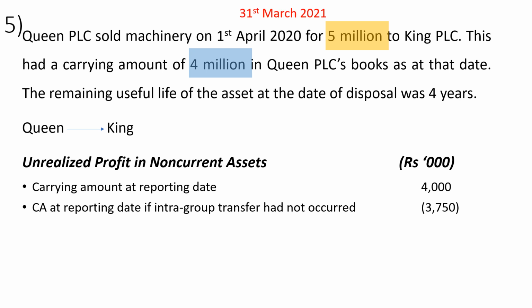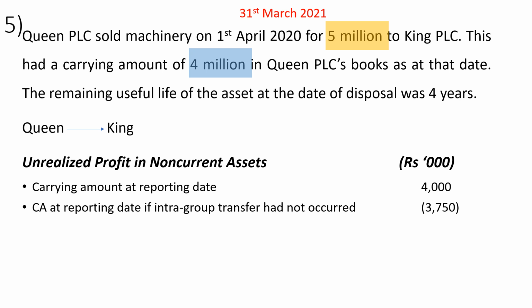The current financial period is ending at 31st March 2021, which means we have to depreciate this asset for just 1 year. Because we have to calculate the normal depreciation, as if this transaction had not occurred.